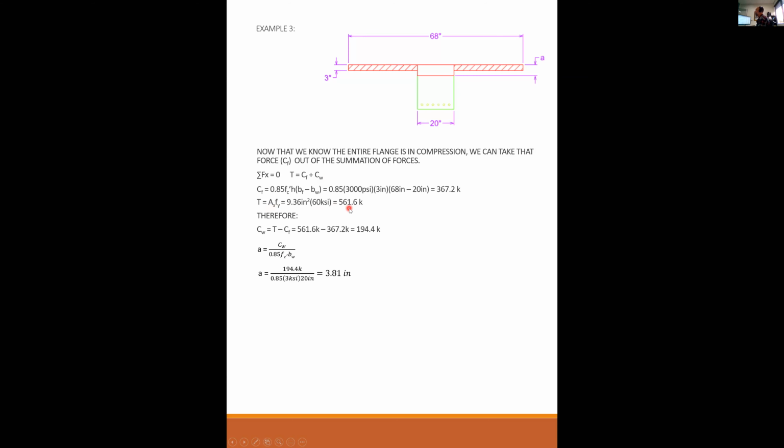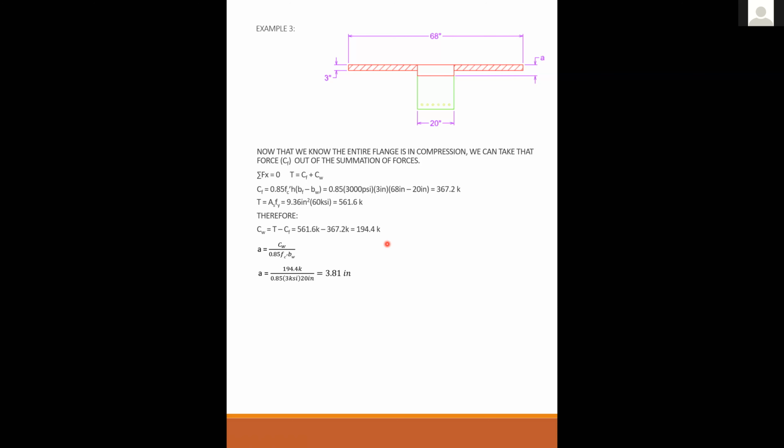That's 561.6 kips. When I say you can take that out of the summation of forces, we calculate what it is, 367, and we take it away from the total 561 so that we know what's in the web has to be the 194.4. Oh, so when you said take it out, you meant like subtract it from the total, not like literally take it out of the equation. Yes.